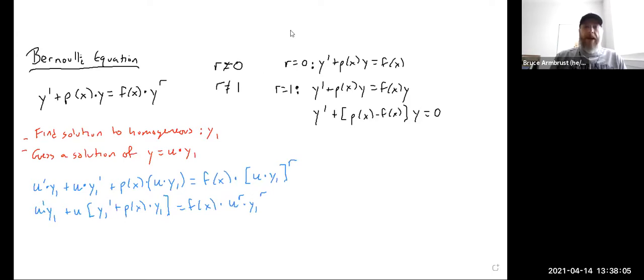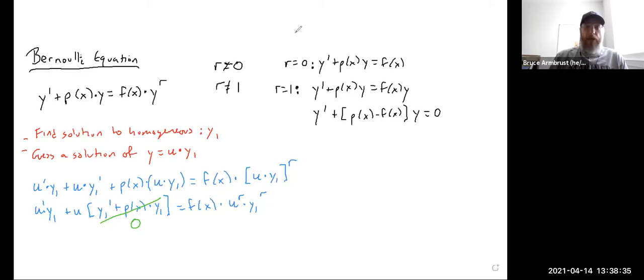All right, same thing happens here that we ran into before. If you look at what's in the brackets here, that actually is going to equal 0 because y1 was a solution to the homogeneous. That's why this integrating factor thing works out a lot, especially when we're multiplying by the solution to the homogeneous.